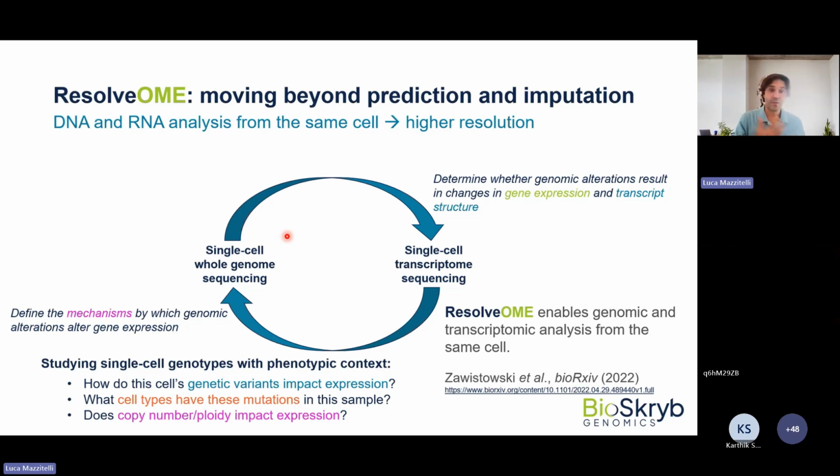So studying single cell genotypes with a phenotypic context allows you to answer some of those questions. So how do the cell's genetic variants impact the gene expression, or what cell types have this mutation in these samples, because you are able to characterize the cells based on the transcriptomic profile. And how, for example, copy number variation and ploidy can impact gene expression.